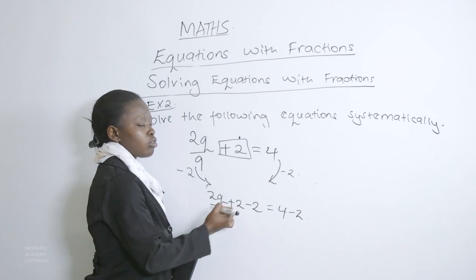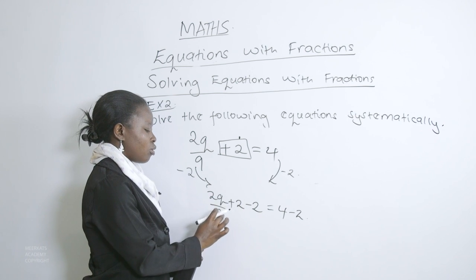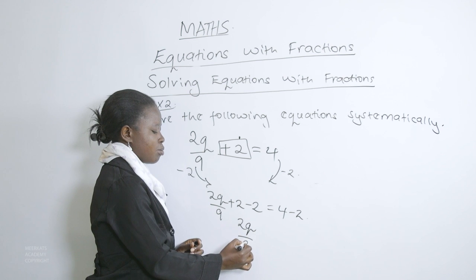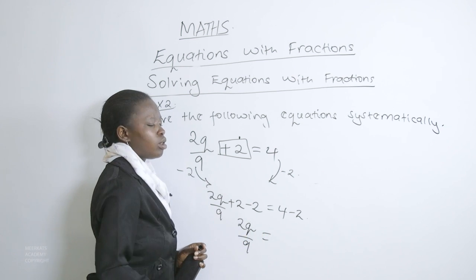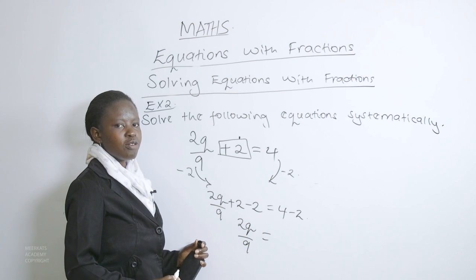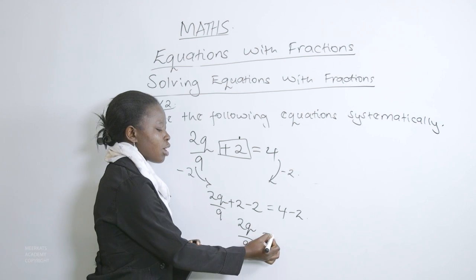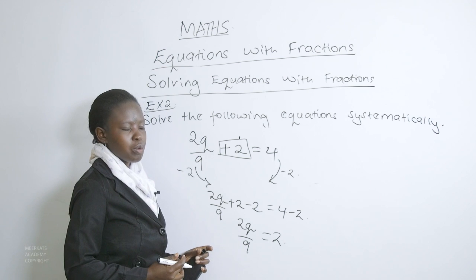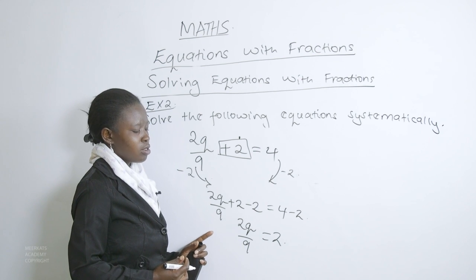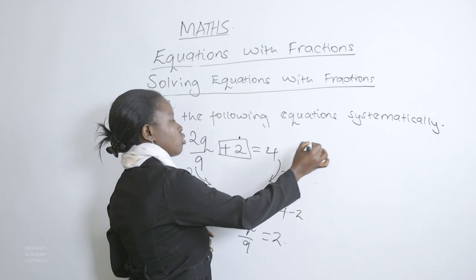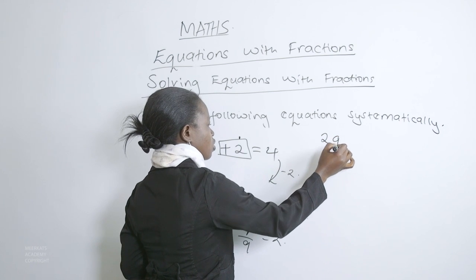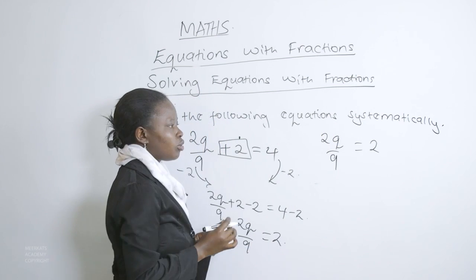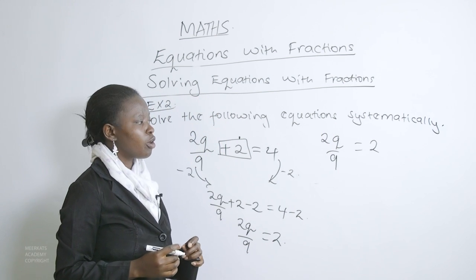So 2 minus 2 gives us 0, so on the left-hand side we are left with 2q divided by 9, equal to the right-hand side, 4 minus 2, which gives us 2. So the equation that we come up with is 2q over 9 is equal to 2. After having 2q over 9 is equal to 2, we need to get the value of our pronumeral q.